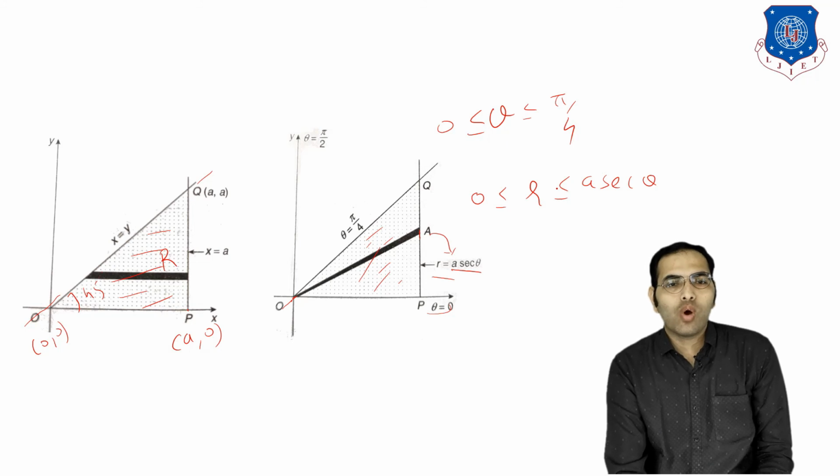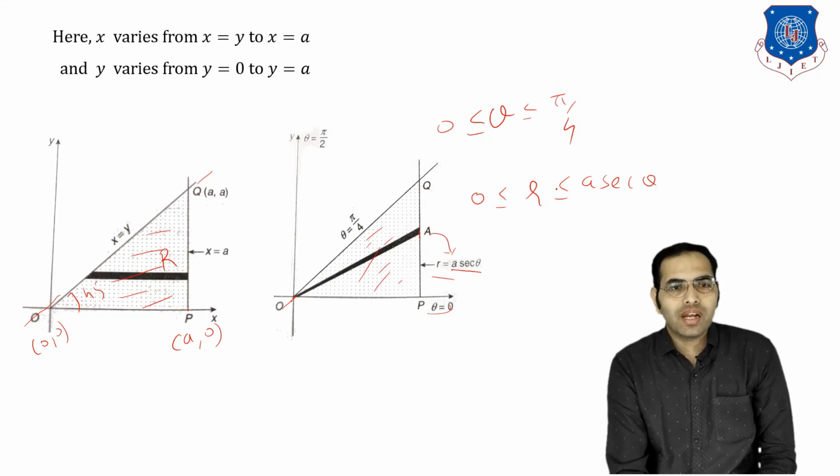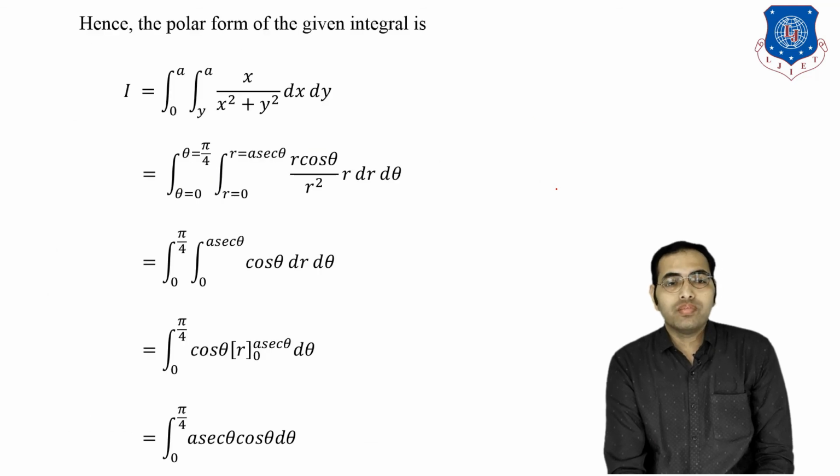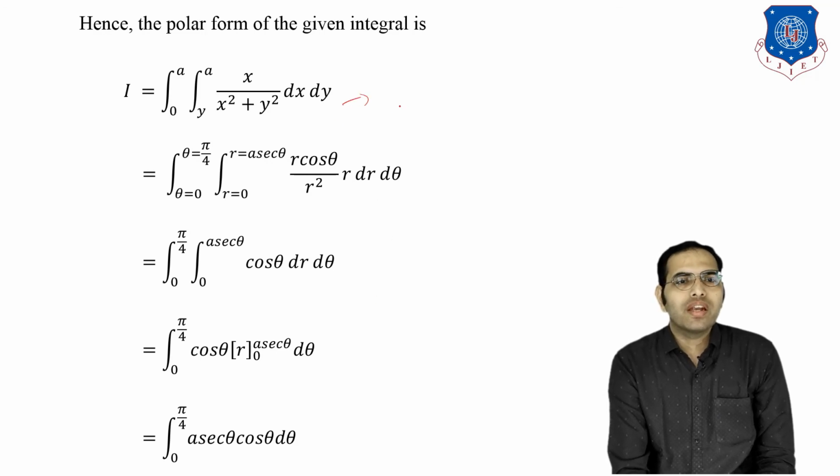Then substituting all this in the double integral, converting from Cartesian to polar form, the given integral is I equal to the double integral from 0 to a, integral from y to a, of x upon x square plus y square dx dy. Here dx dy is replaced by r dr d theta, with r varying from 0 to a sec theta, and theta varying from 0 to pi by 4.